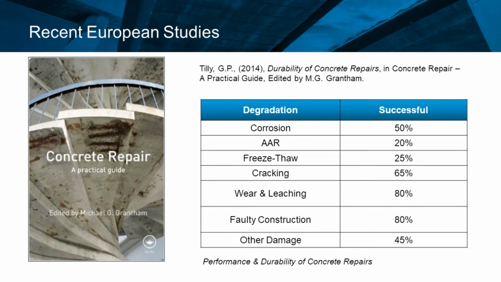These numbers come from a study that's been performed in Europe. What is interesting in those numbers is that depending on what you're repairing, the success rate can be very different. It's much easier to repair something that occurs right from the start. A construction defect, for example, can be more efficiently repaired by a patch than damage that is caused by something that is within the concrete.